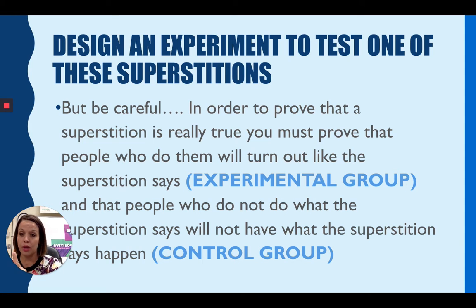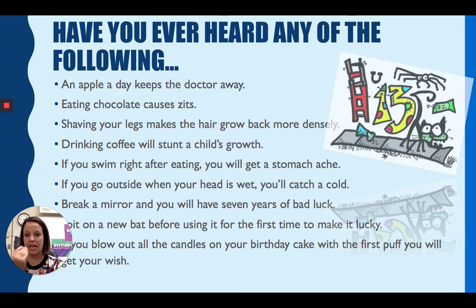So be careful though, in order to prove that a superstition is really true, you have to have a group of people who do the superstition, which would be our experimental group, and then a group of people who do not do what the superstition says, and see if there's a difference between people who do the superstition and people who do not.